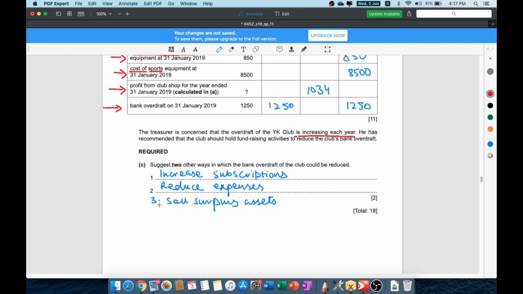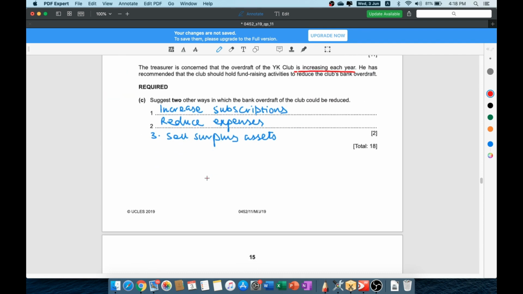Third, you could write, if you want, to sell surplus assets, meaning if there's any useless assets lying around, stuff like that, you can sell that off, receive money, and that is going to put money in your bank and then reduce the overdraft.